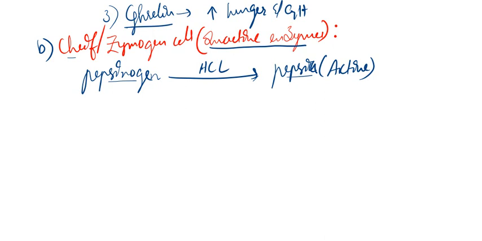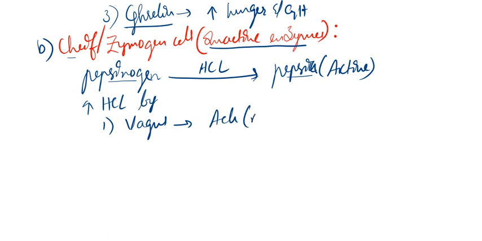So it becomes pepsin, and they also increase the HCl by stimulating the vagus with the help of acetylcholine at the M1 receptor, as well as by stimulating the ECL cells.